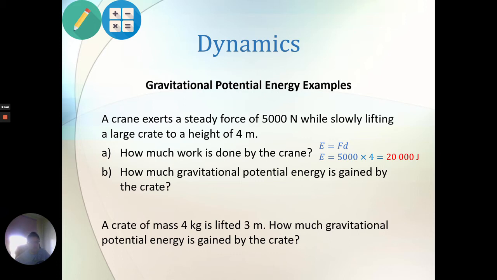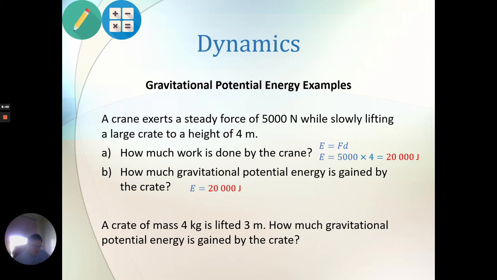Well, we did 20,000 joules worth of work to lift it up. That energy hasn't gone anywhere, it's just been changed from one form to another. It has gone from being work done to being gravitational potential energy. So once it's up there, it has gained 20,000 joules.